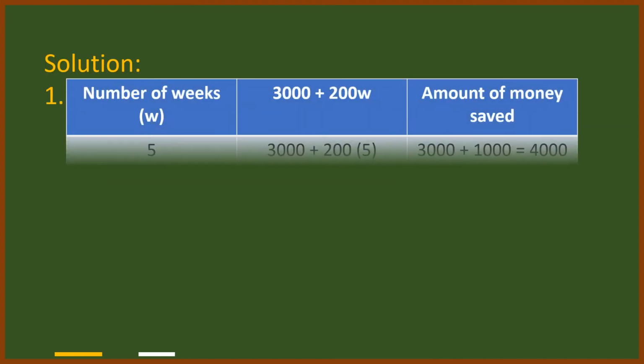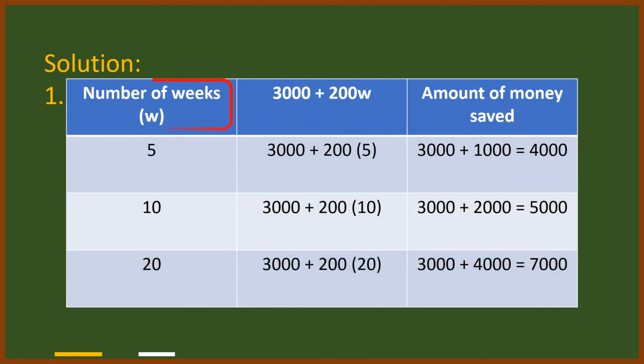To solve this, it is easier for us to make a table showing the number of weeks, the expression that gives the amount of money, and the amount of money saved. We only need to substitute the number of weeks, which is W, to the expression 3,000 plus 200W.